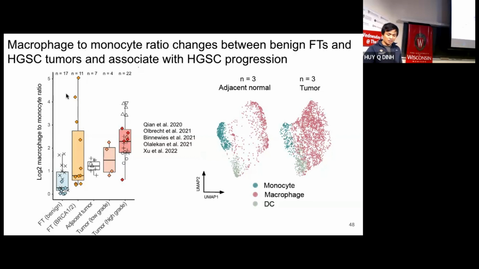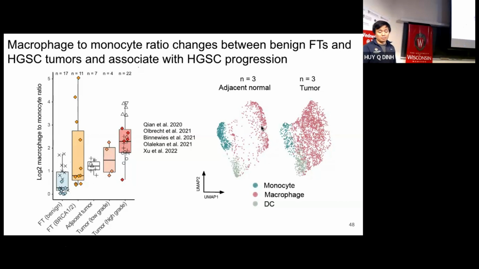And we start seeing 4 of them look more like cancer, and 6 or 7 of them look more like the normal phenotype. And the adjacent normal is a little bit higher than the fallopian tube here, but it's still in the low range, meaning they have a little bit more monocytes than macrophage. And then it increased, especially with the high-grade cell, you can see way more macrophage than monocyte.